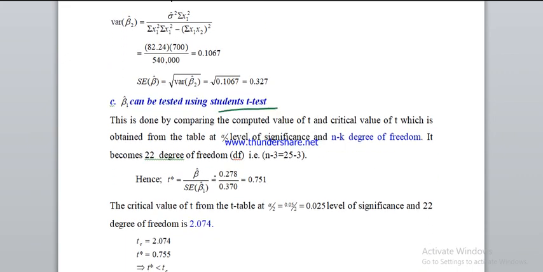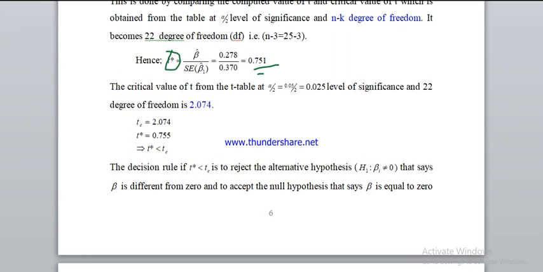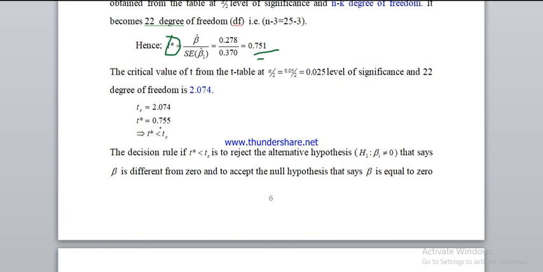The significance test is similar to the simple regression. The t calculated is equal to beta 1 hat over the standard error of beta 1. We get this value and compare it with the t critical. Look, compare the two, the t calculated and the t critical. The t calculated is less than the t critical.